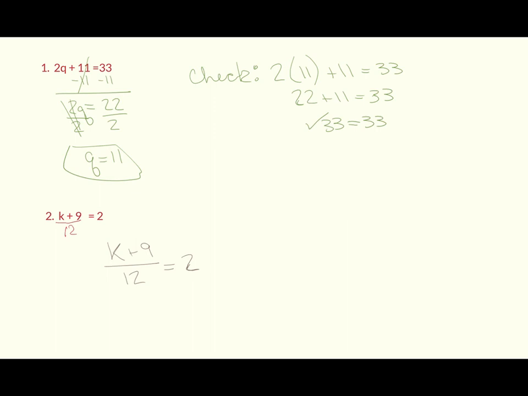Since I'm dividing by 12, I would do the opposite and multiply both sides by 12, so that the 12s will cancel out and you'd be left with k plus 9 equals 2 times 12, which is 24. The only thing left to do, I have k plus 9, and the opposite of addition is subtraction. So I'd subtract 9 from both sides. And I would get k equals 15.